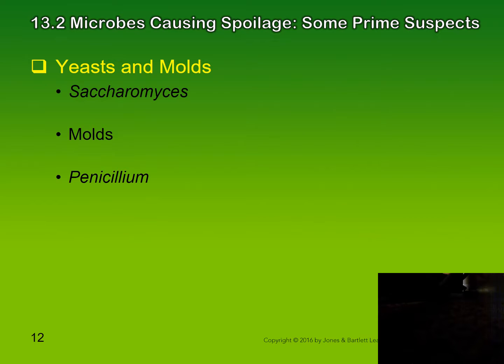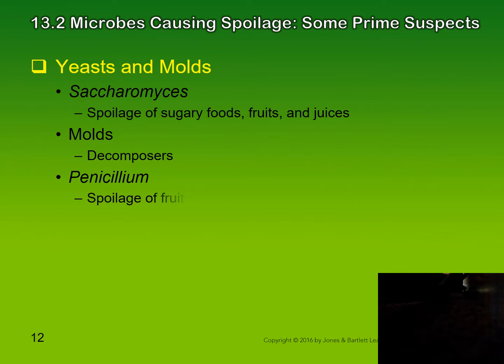Now, among the yeasts and molds: Saccharomyces, just like we were talking about with making bread, and certain molds, probably the most important of which is Penicillium. Saccharomyces is mostly important in the spoilage of sugary foods, fruits and juices. The molds are going to be decomposers, and Penicillium is going to spoil fruits, vegetables, and jams.